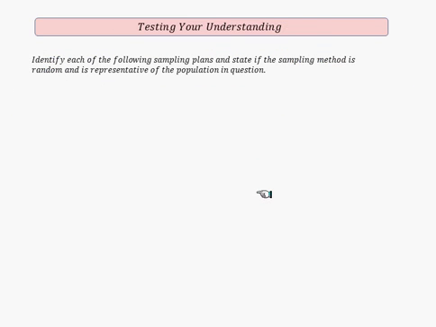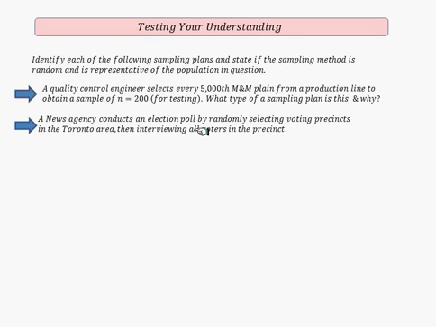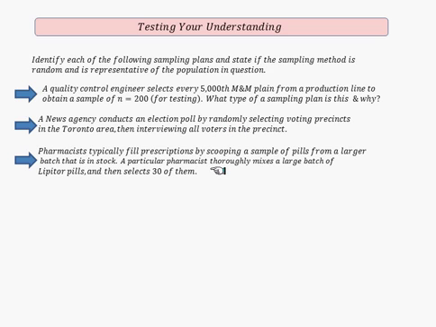Now, testing your understanding. We'll go through these. You can read them yourself. This would be called systematic sampling. I'll notice this would be cluster sampling. This would be simple random sampling.